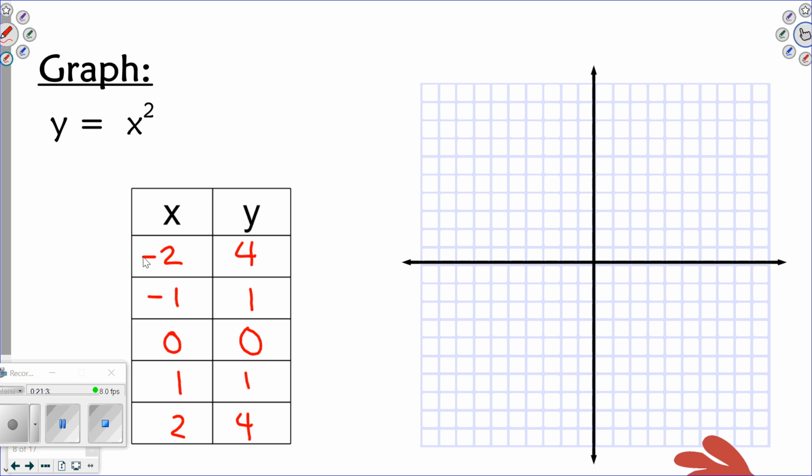But we're just trying to get an idea what's going on. So now that I've got some points, these are all ordered pairs, right? We're going to plot some points. So -2, 4, back 2, up 4. Plot a point. -1, 1, 0, 0, 1, 1, and 2, 4.